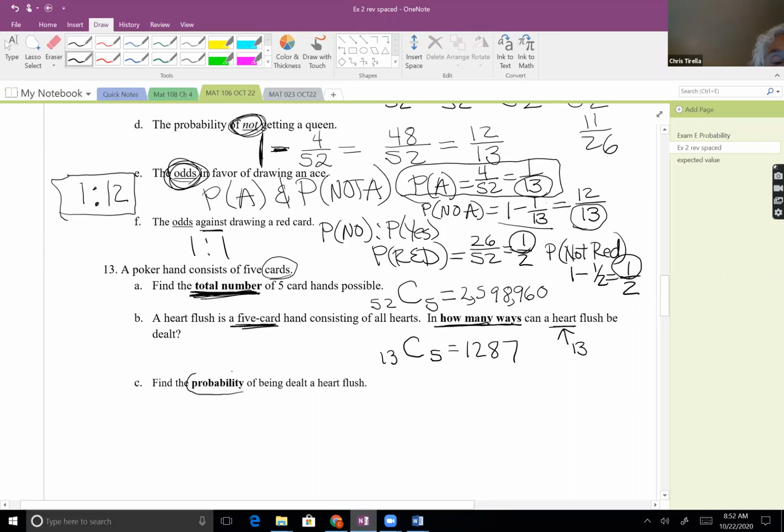Third part asks for a probability. Probability is a fraction. The top of the fraction is what I want. So what I want is 5 hearts. The denominator are all the possible hands, the whole sample space.